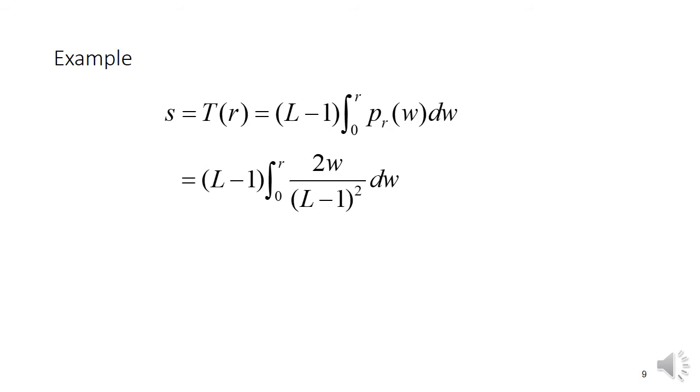So for the value W, it becomes 2W divided by (L minus 1) whole square dW, and after applying the integration, this becomes R square over L minus 1.